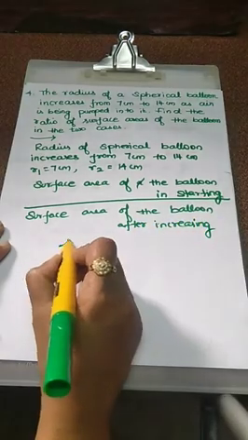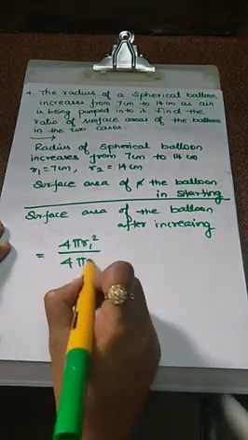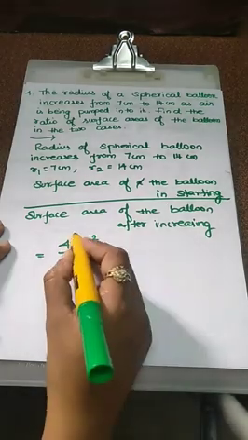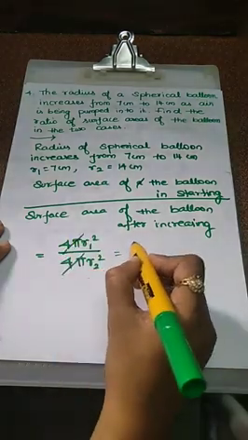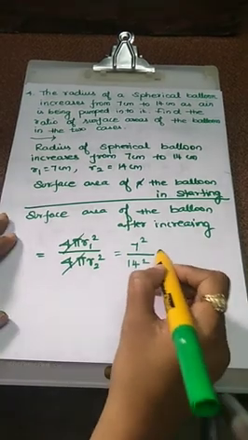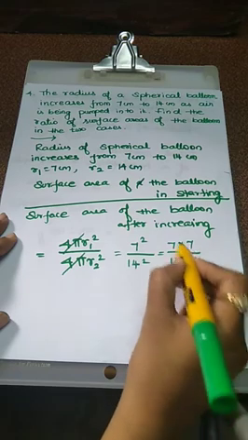The same formula, 4 pi r1 square divided by 4 pi r2 square. Now cancel the value. Actually 4 pi cancel. What is our r1 value? 7 square by 14 square. Now 7 into 7 by 14 into 14. Cancel the value.